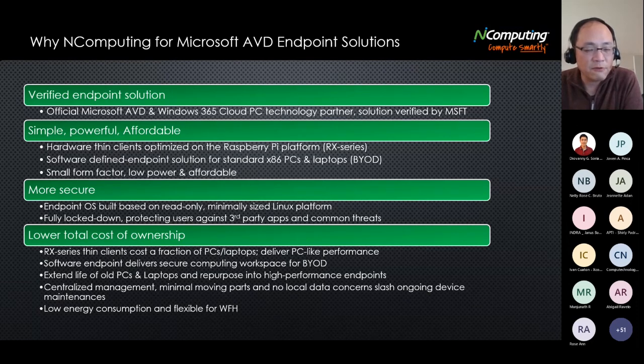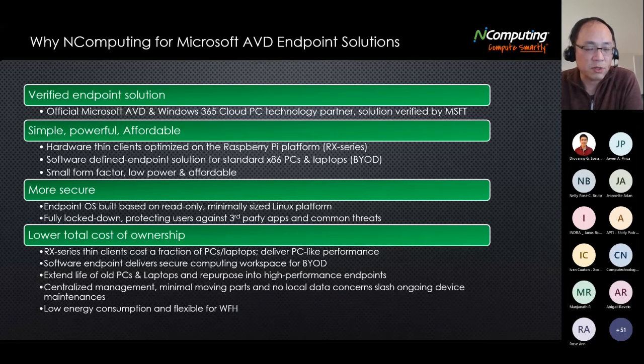Powerful means a lot of under-the-hood optimizations. So we have two different solutions. One is LeafOS, which is a software endpoint solution that can be repurposed, AMD Intel PC laptop into a high performance AVD endpoint. So there's a lot of under-the-hood optimization. The other part is NComputing thin client based on the Raspberry Pi platform.